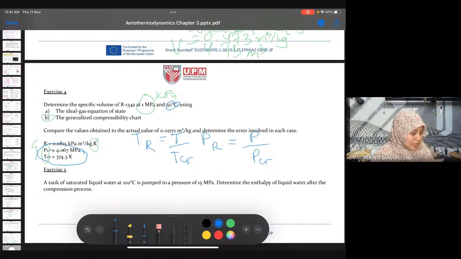So we get the values of PR and TR. Calculate that first, and then we need the compressibility factor diagram.